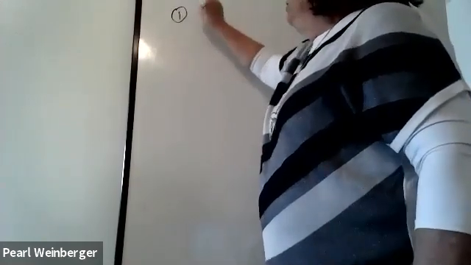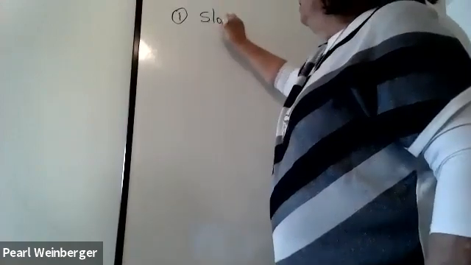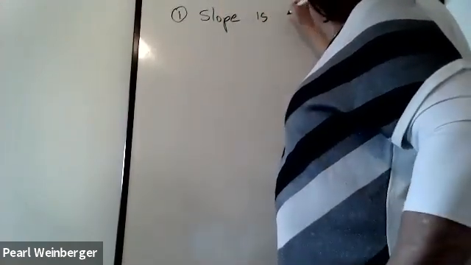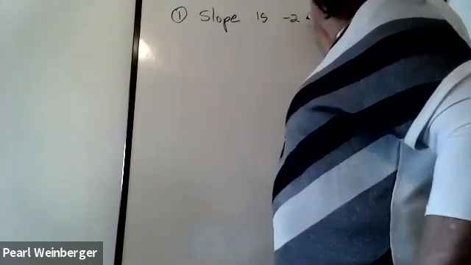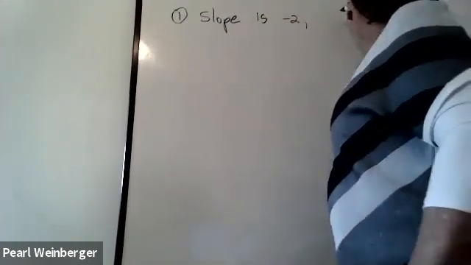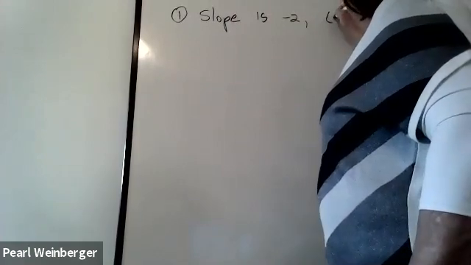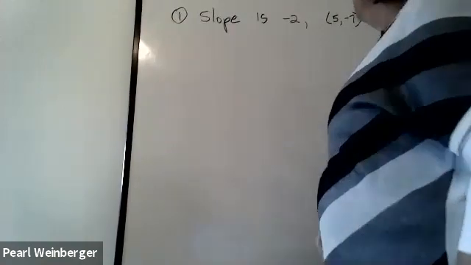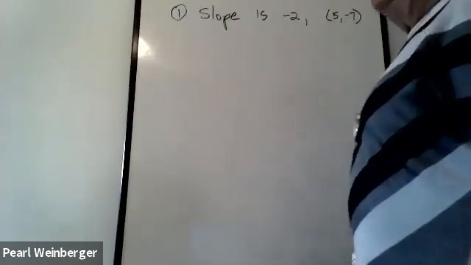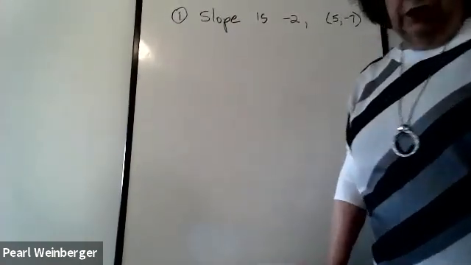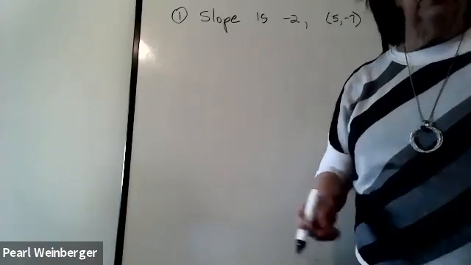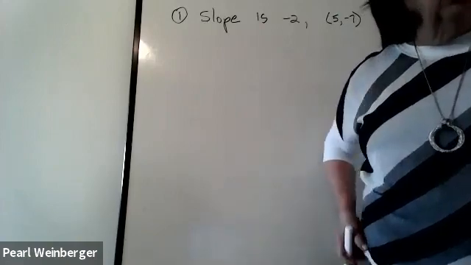If I tell you the slope of my line is -2, and it passes through the point (5, -7), and I ask you, write the equation of the line. That's one type. In other words, I tell you what the slope of the line is, and I tell you a point on the line.